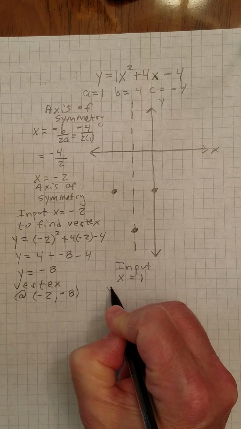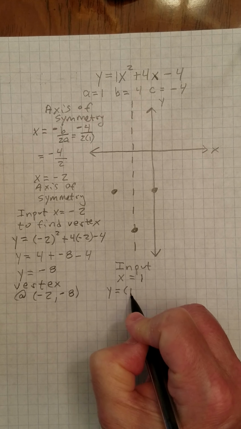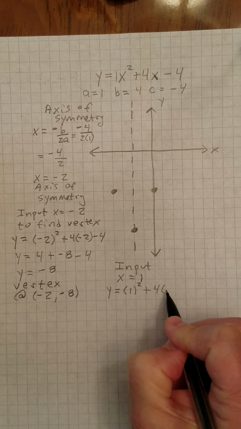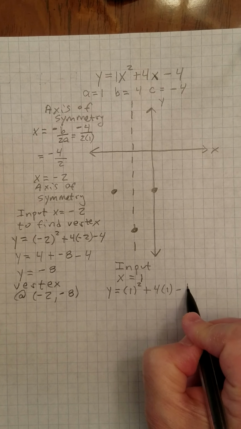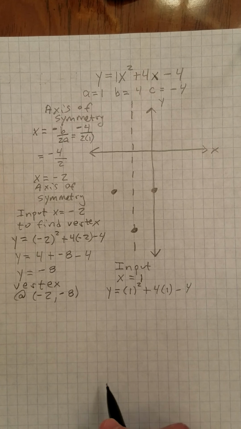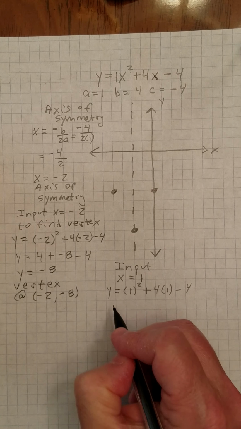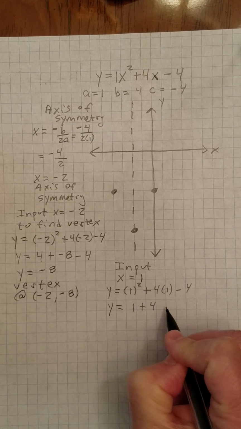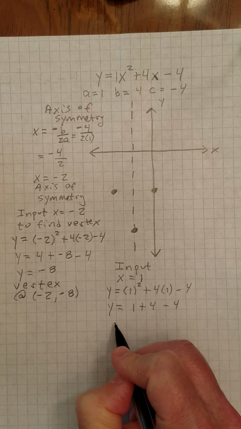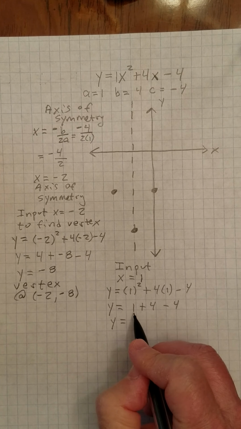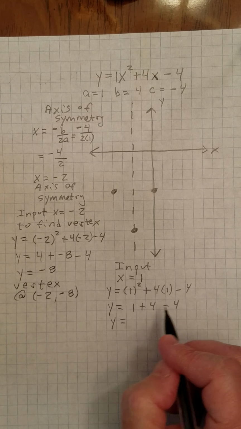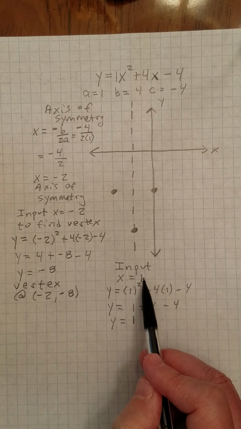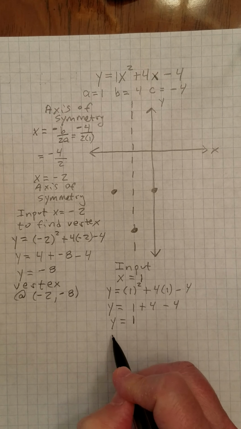So it's going to be y is equal to 1 squared plus 4 times 1 minus 4. That means that y is equal to 1 plus 4 minus 4. That means that 1 plus 4 is 5, minus 4 is 1.